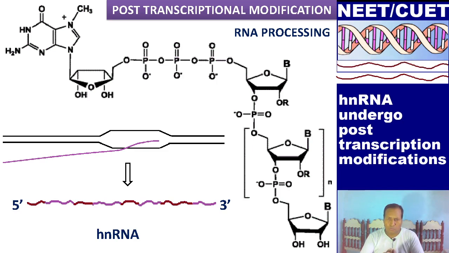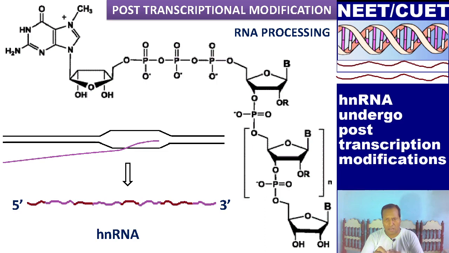So, post-transcriptional modification is required for stability and integrity of the newly synthesized RNA molecule, that is mRNA. The newly synthesized RNA molecule is known as hnRNA, heterogeneous nuclear RNA.